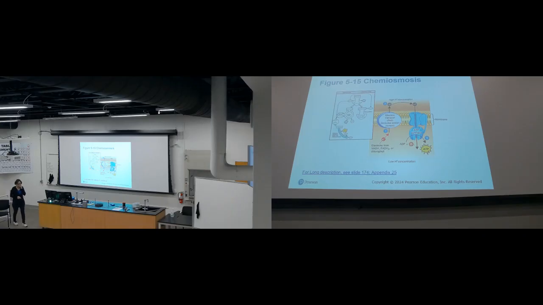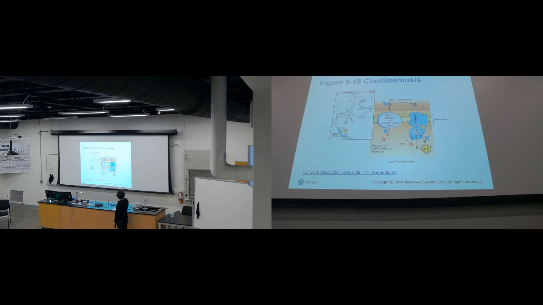And then the matrix will become negative, and you have two gradients that will move the hydrogens, the protons, back into the matrix. A chemical gradient, in which you have a negative space here attracting positive molecules, and a concentration gradient.